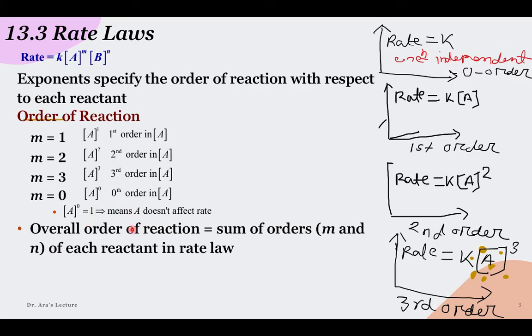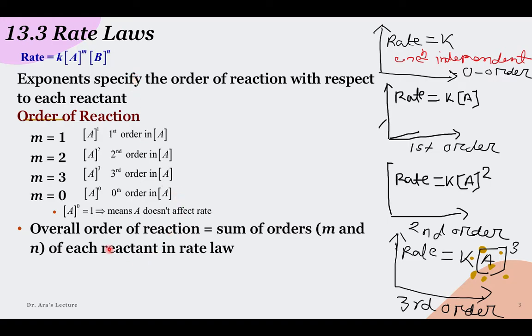Now, in any chemical reaction, let's consider that the rate equals k, concentration of A to the exponent m, and concentration of B to the exponent n. So in this particular reaction, what will be the total order of reaction?